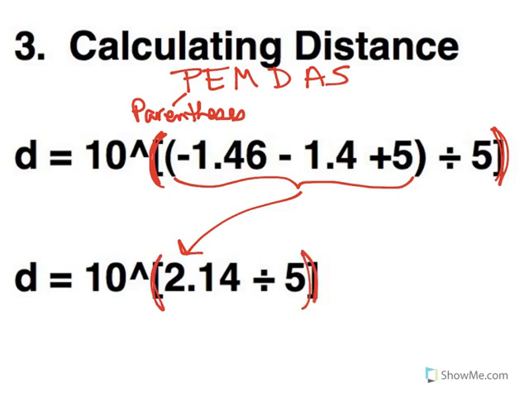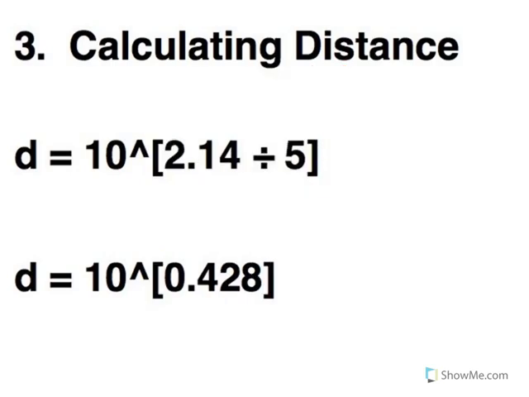So that's going to be our next step. What's in the second set of parentheses? So 2.14 divided by 5, you get 0.428. So again, you could put that in parentheses if your calculator doesn't like square brackets.